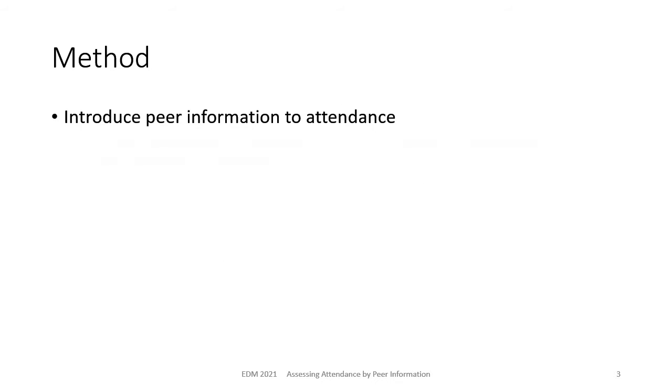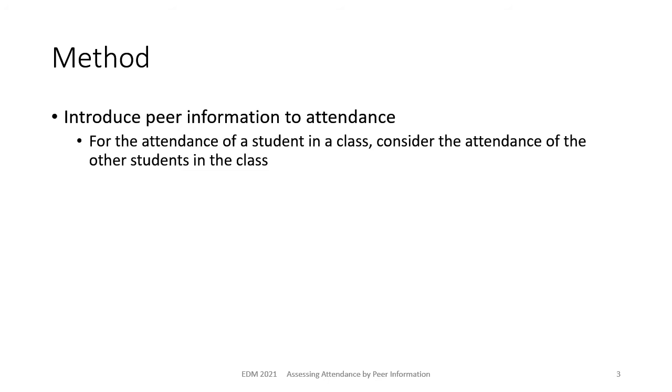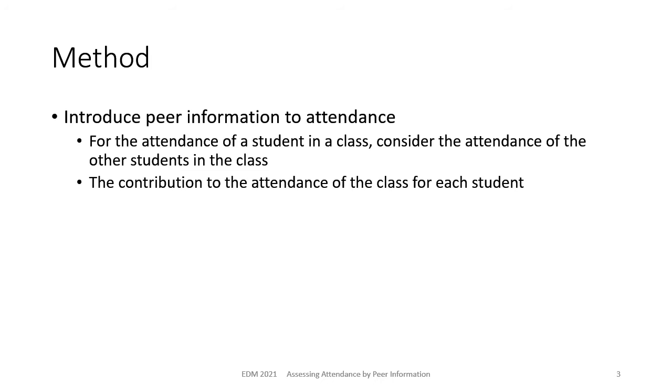In our method, we introduce the peer information to attendance by considering the attendance of other students. We will measure the contribution of each student to the attendance rate of the class. Our method can compare attendance in a fairer way.